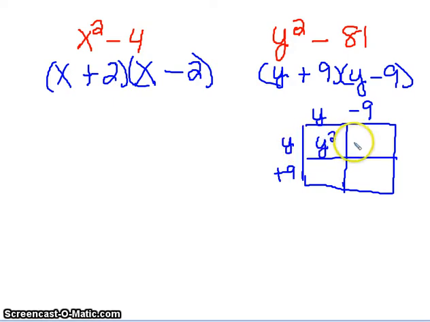What is y times negative 9? Negative 9y.